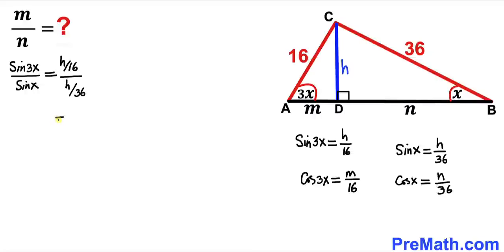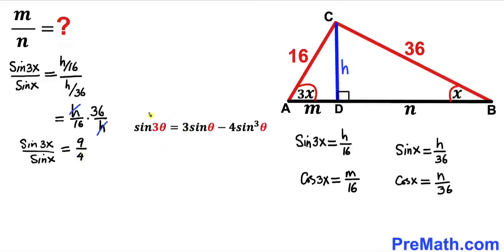This simplifies as h divided by 16 times, flipping this one over, 36 divided by h. Here we can see h and h are gone, and if we reduce 36 and 16, that gives us 9 divided by 4. So sine of 3x divided by sine of x turns out to be 9 divided by 4.